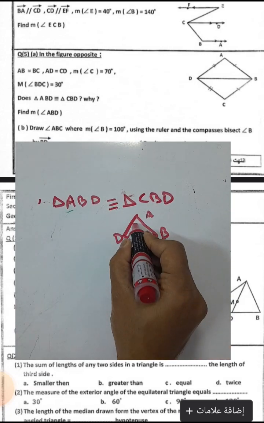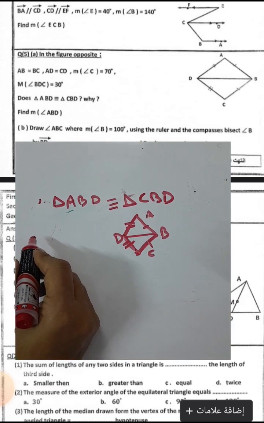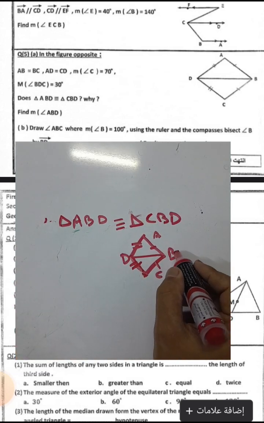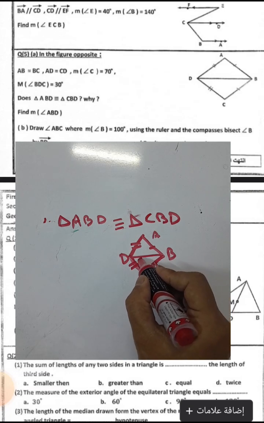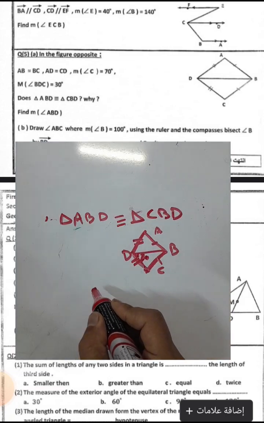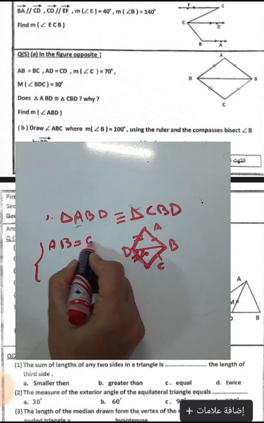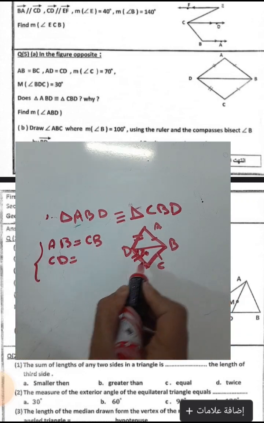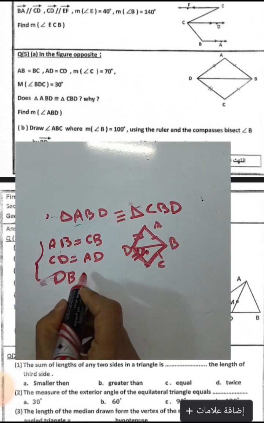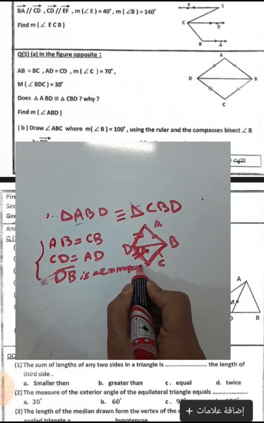And then he gives us angle BDC is 30 degrees. This angle BDC is 30 degrees, and this angle is 70 degrees. Okay, these triangles are congruent because AB is equal to CB, and AD is equal to CD, and DB, we call it a common side.